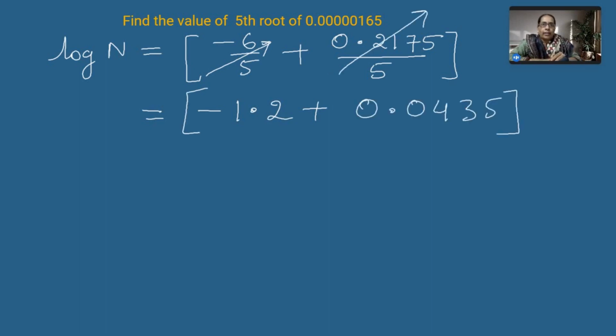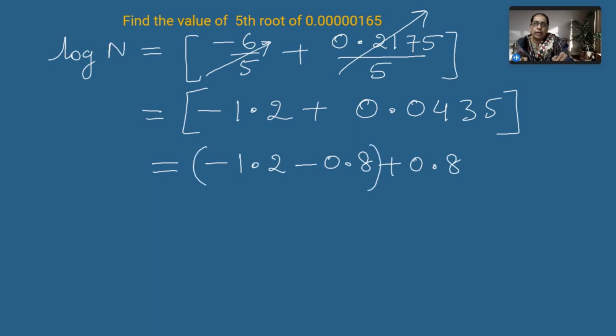Now to find the value of n, we have to apply anti-log to both the sides. As a result, at one point of time, we will get this number, which I'm underlining, as 10 to the power 1.2, which we cannot find. So we have to write this in the form of a whole number. For that, we will do a small arrangement of terms. Let us subtract 0.8 and add 0.8 to convert minus 1.2 to a whole number or an integer.